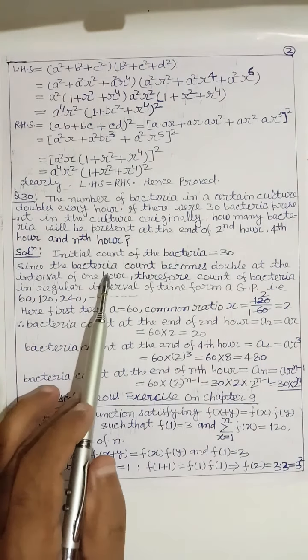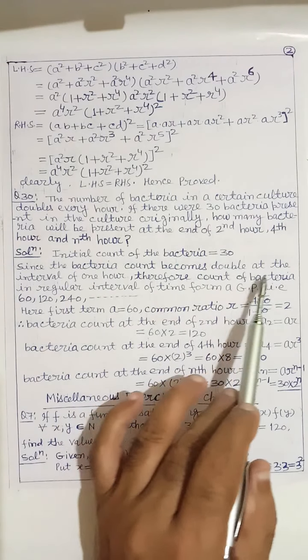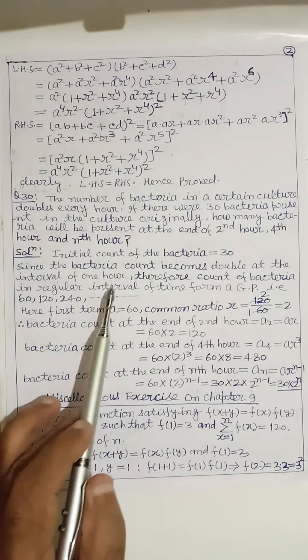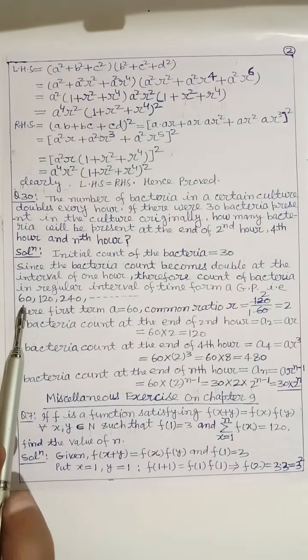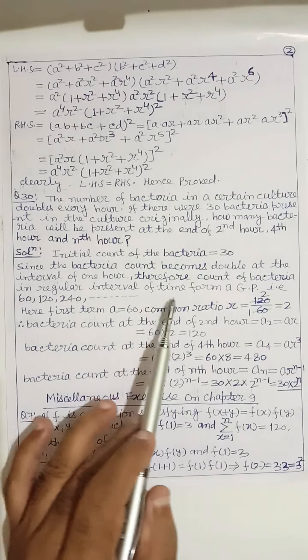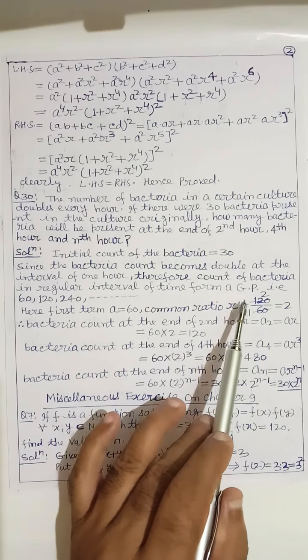Since the bacteria count becomes double at the interval of 1 hour, therefore the count of bacteria at regular intervals of time forms a GP.